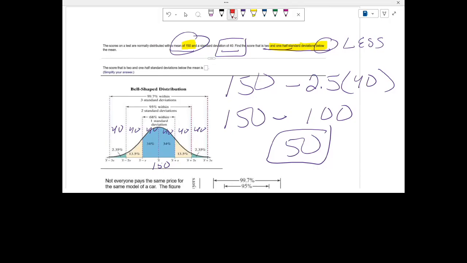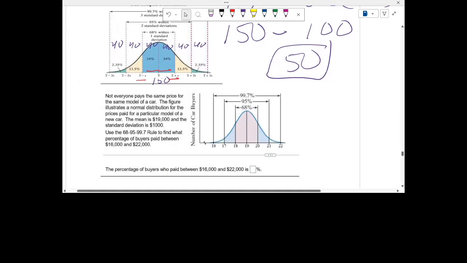Since the standard deviation in this case is 40, that's telling us that one standard deviation above would be 40 points higher, one below would be 40 points lower. 2 standard deviations above would be 80 points higher, 2 standard deviations below would be 80 points lower, and so on and so forth, okay?